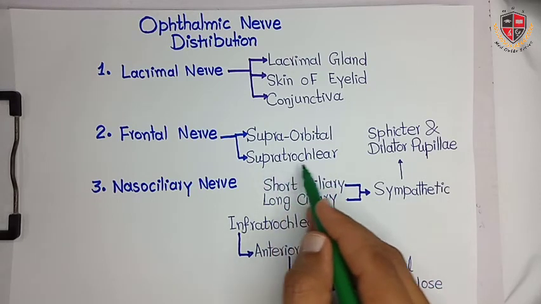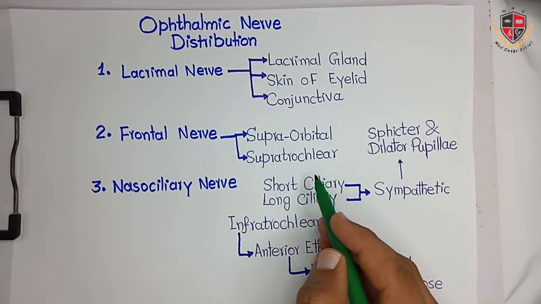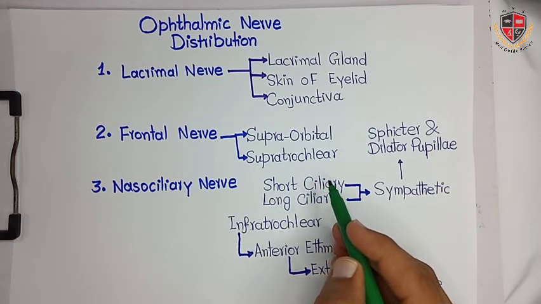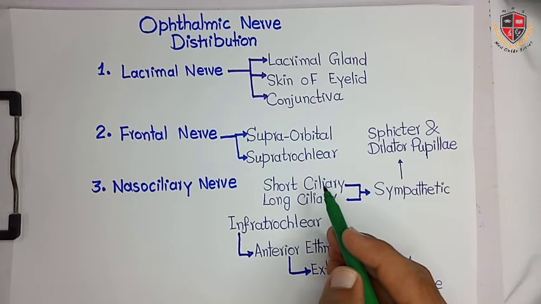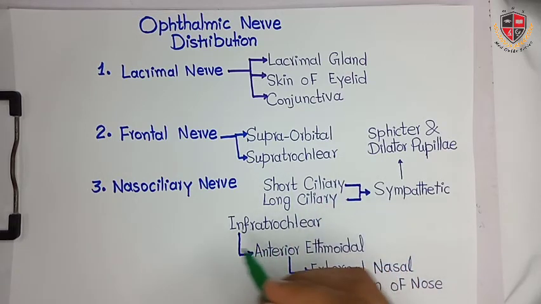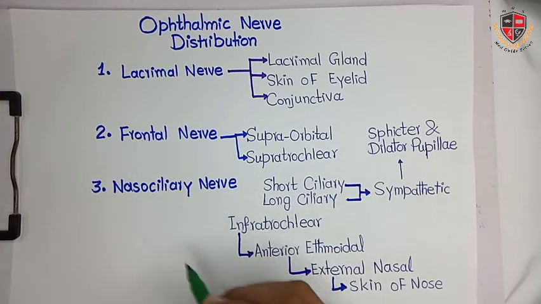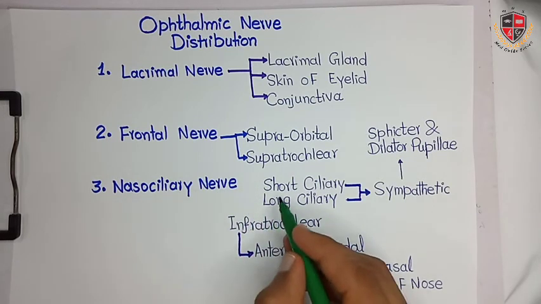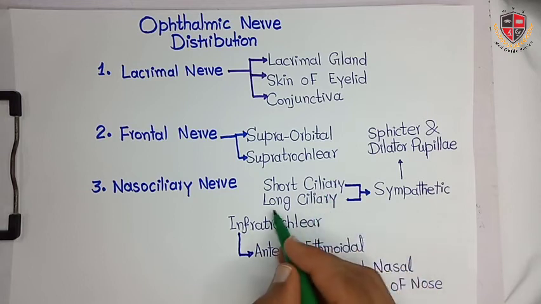And this is the supratrochlear nerve. It gives branches to the skin and conjunctiva of the medial aspect of the superior eyelid, and pericranium of the anteromedial forehead. Now this is the nasociliary nerve. The nasociliary nerve gives branches which are the short ciliary nerve and long ciliary nerve.